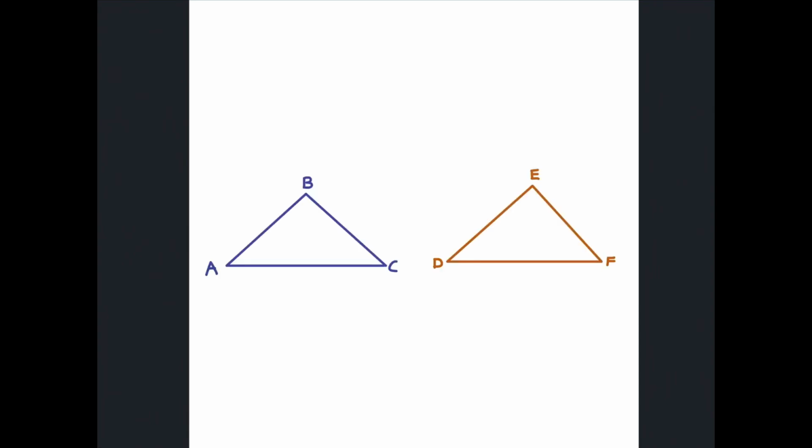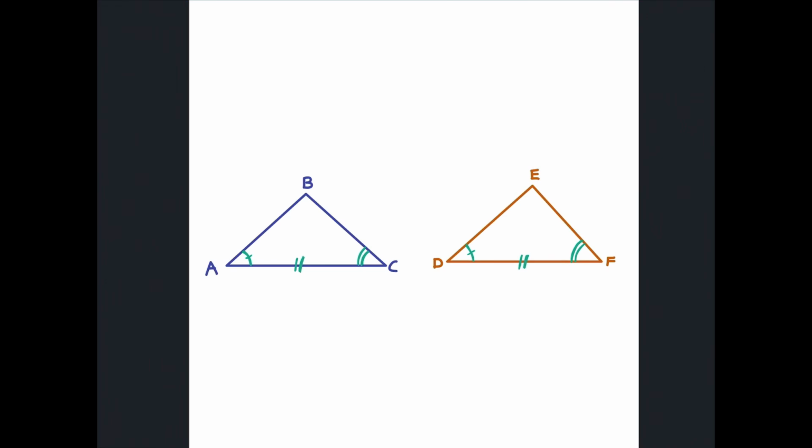Now let's look at the last way of proving triangles congruent. Let's say we have 2 triangles, triangle ABC and triangle DEF. Let's say that angle A is congruent to angle D. Let's also say that angle C is congruent to angle F. Now lastly, let's say that segment AC is congruent to segment DF.